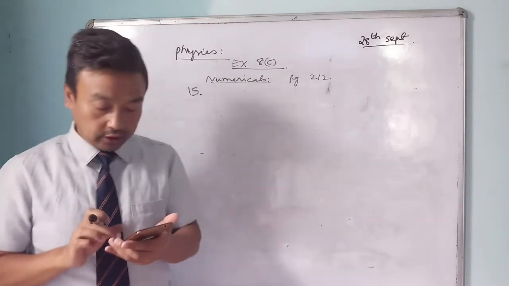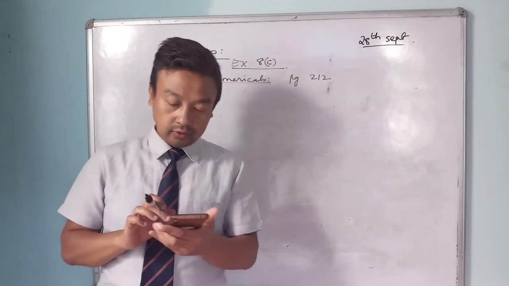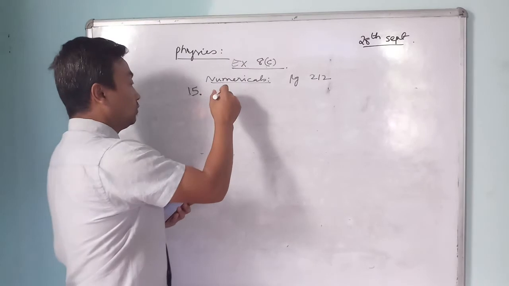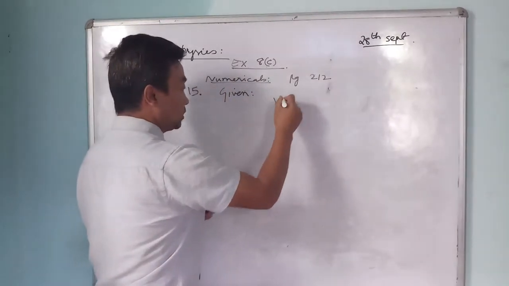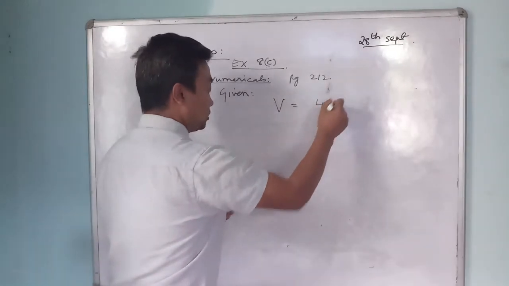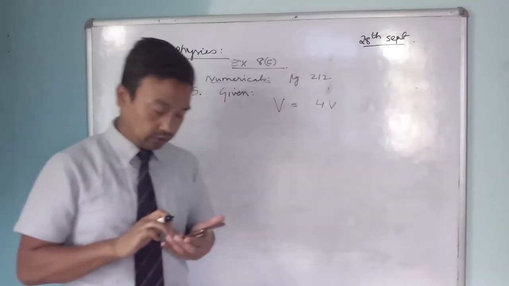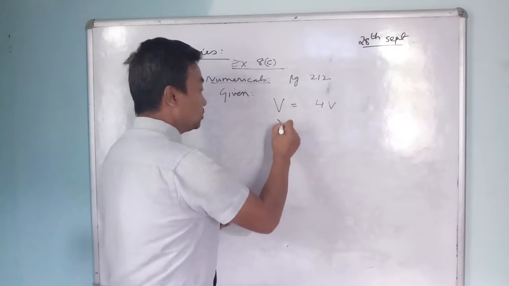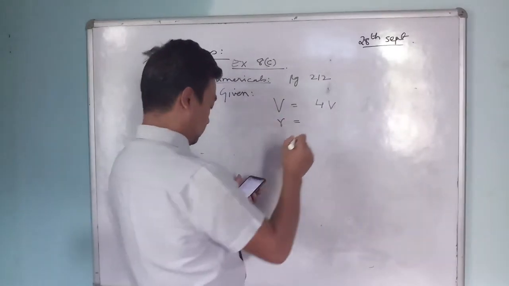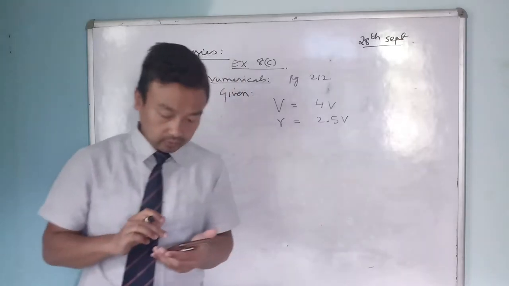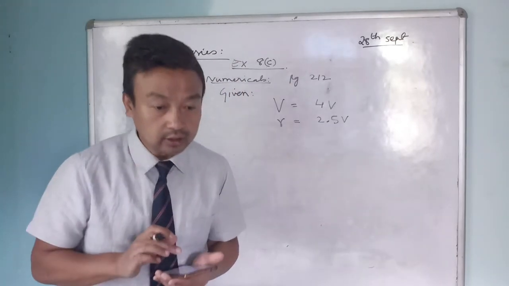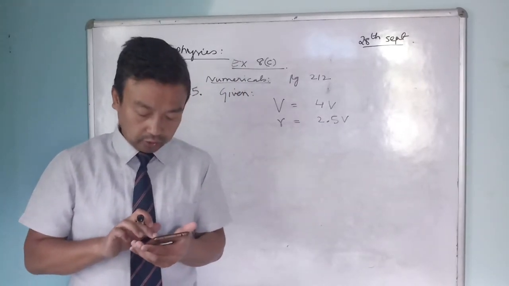A bulb is connected to a battery of potential difference 4 volt. Given a bulb connected to a battery of potential difference 4 volt and the internal resistance, which we learned last time, is 2.5 ohm. The internal resistance is given to you as 2.5 ohm.